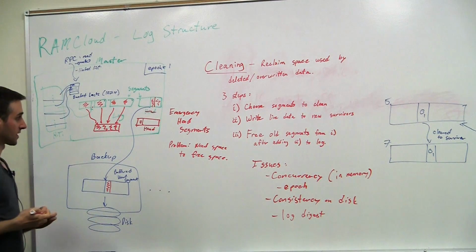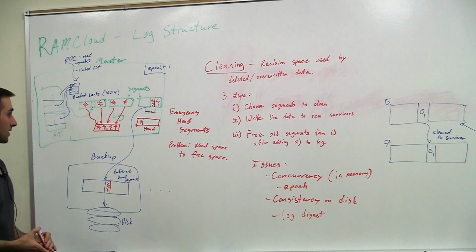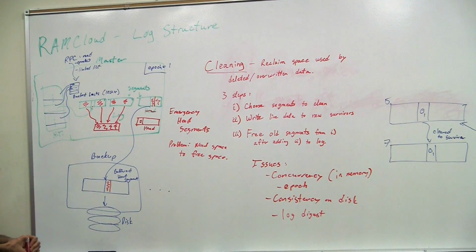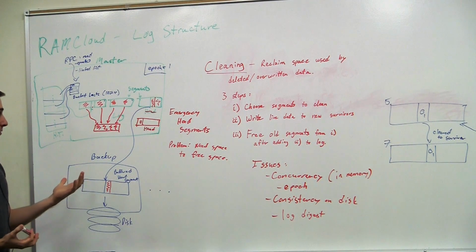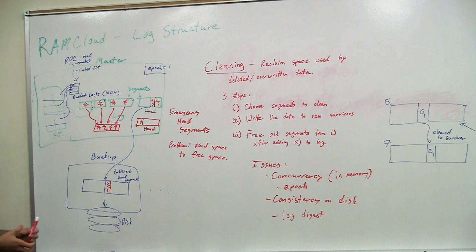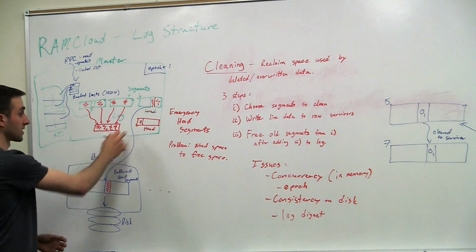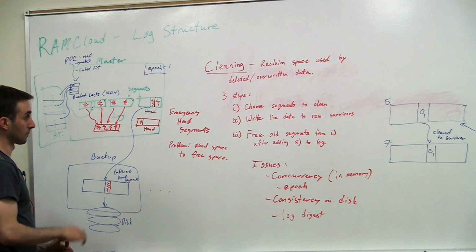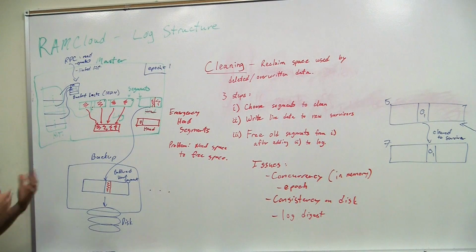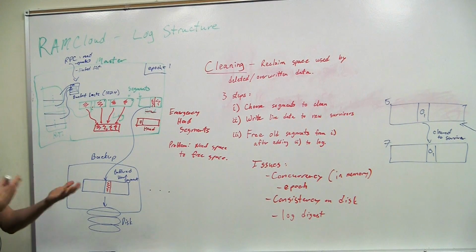An emergency head segment is just like any other segment, except you cannot write any data to it. That's an important property, because that means that you don't actually have to clean this thing. You can throw it out immediately. It doesn't contain anything interesting aside from a log digest. We keep two of these emergency head segments in reserve so that if we're completely out of memory, we can swap between the two.